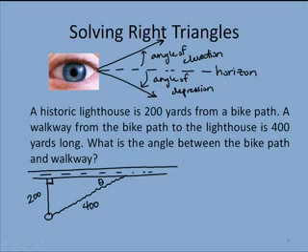Now, relative to this angle, what side lengths do we know? We know opposite and we know hypotenuse. And now we have to think, what trig function do we have that relates our opposite side with our hypotenuse? And you should recognize that that's sine. So let's write that out. Sine of theta equals opposite over hypotenuse. Let's plug in our knowns.